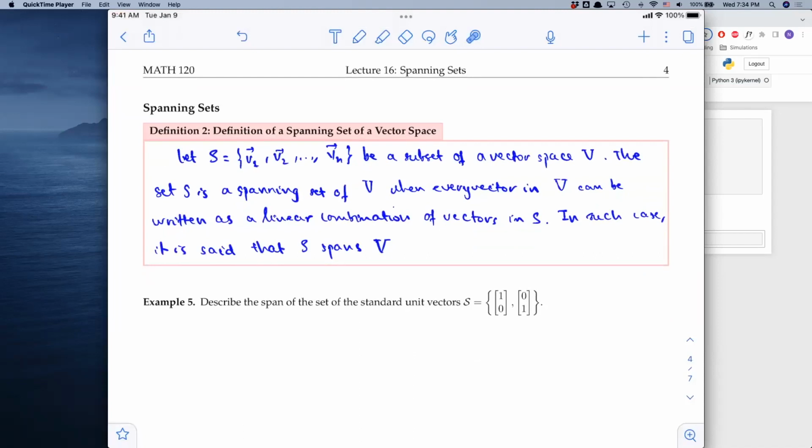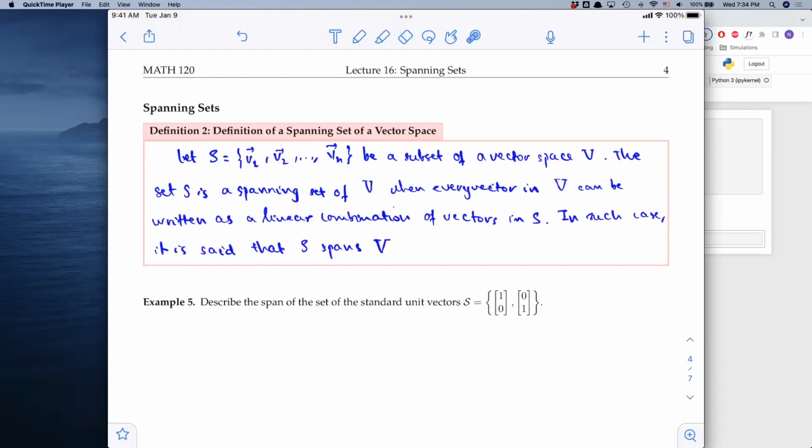So this S contains, let's say, n vectors, right? And if you choose any vector in the vector space V, let's say I have a vector u in V, then every vector in V, in this case u, can be written as a linear combination of the vectors in S.